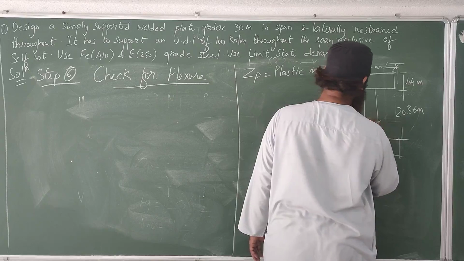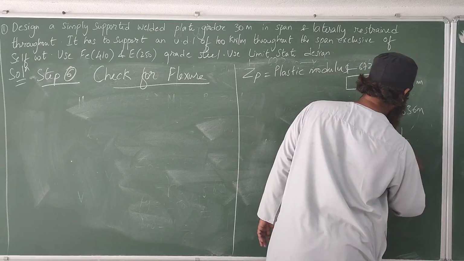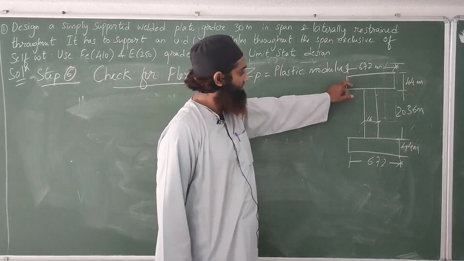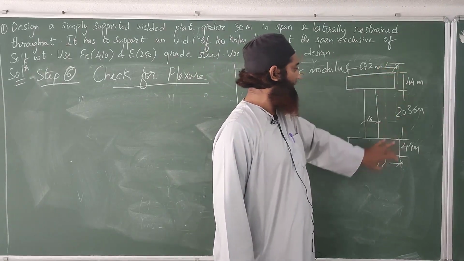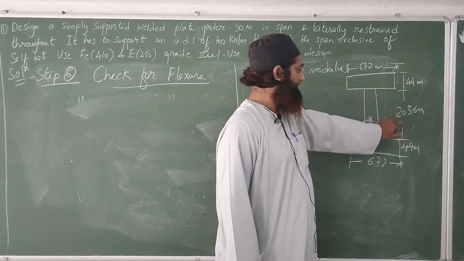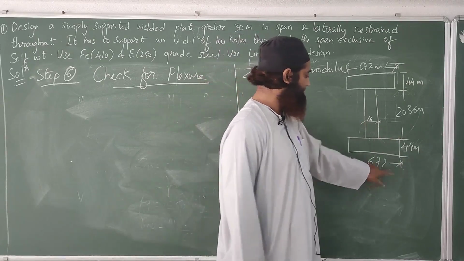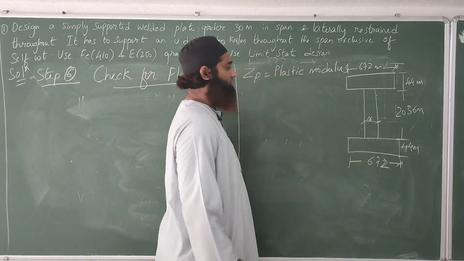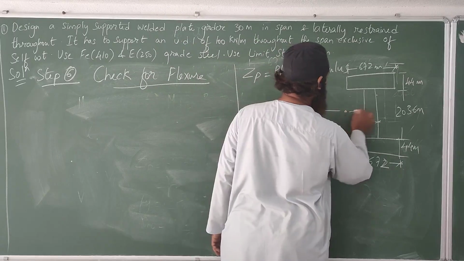This thickness is 16, this again is 44 mm. So 672 mm flange breadth, thickness of flange 44, 2036 is depth of web, thickness of web is 16. Same thing I have written here, 672 and 44.